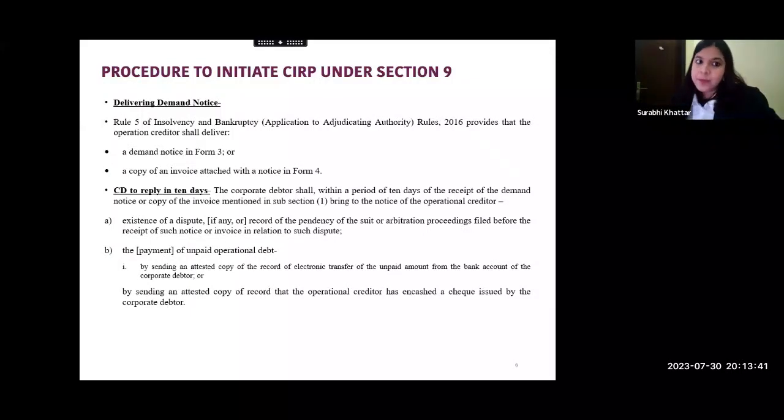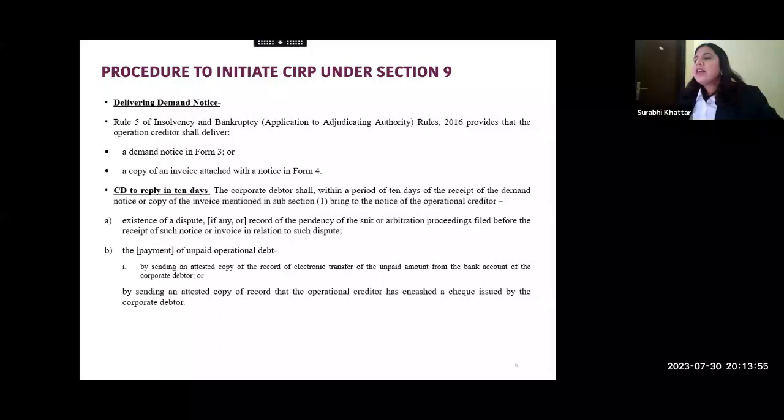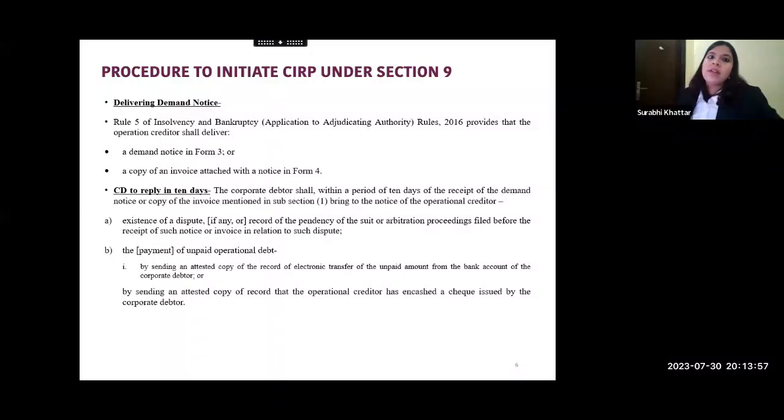Under Section 9, there is a requirement under Section 8 to definitely send a demand notice to the corporate debtor, and the corporate debtor then has 10 days to reply to the demand notice. Within 10 days, the corporate debtor has two options.